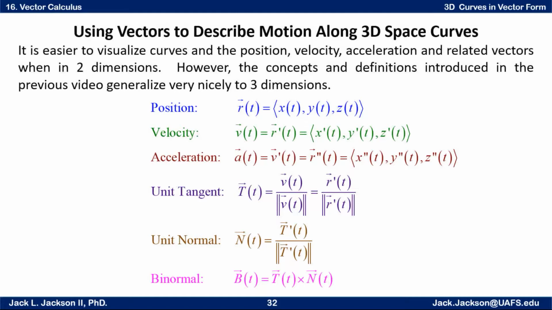Then if you take the T vector and cross product with the N vector in that order, you'll get a B vector, which is called a binormal vector. Of course, that's going to be perpendicular to both the N and the T vectors. So you get these 3, and it turns out to be a unit vector too. So these turn out to be 3 little unit vectors that help describe where you are and what direction your motion is.